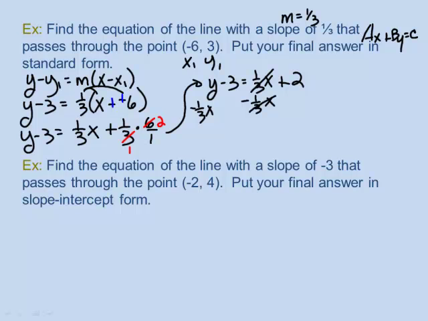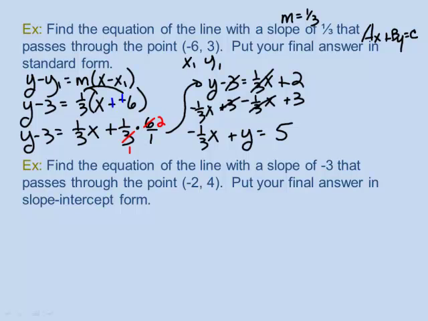Now my x and my y term are both on the left, but I need to move that minus 3 so that it's on the right-hand side with my other constant. So now I've got negative 1/3 x plus y is equal to 2 plus 3 is 5.